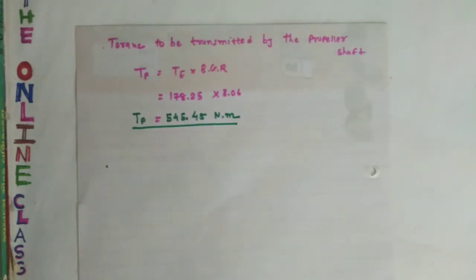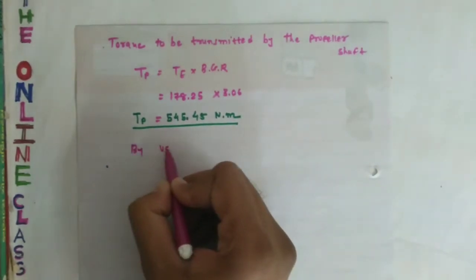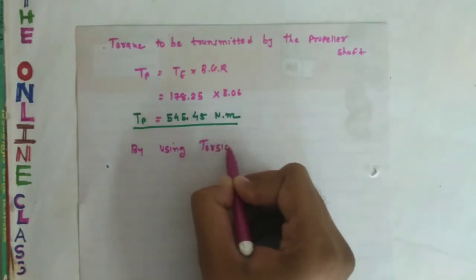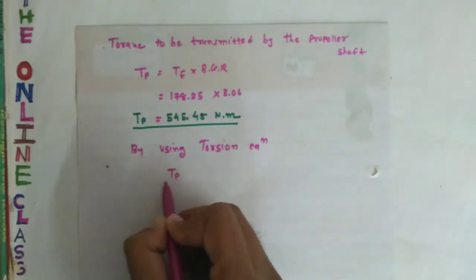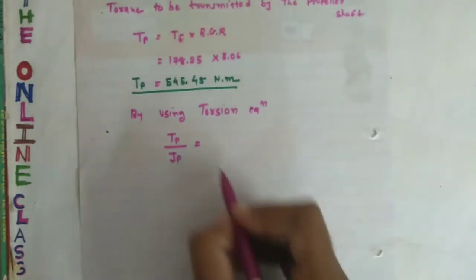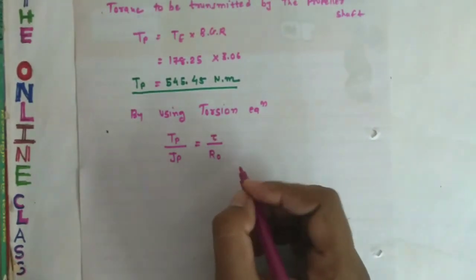So here we have the JP expression and the TP value. Then by using the torsion equation, TP divided by JP is equal to tau divided by RO.